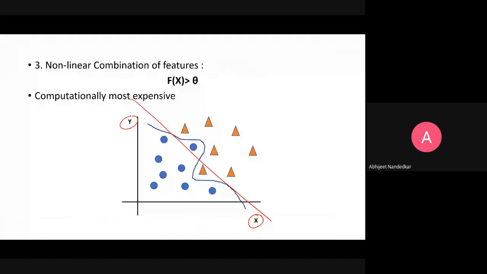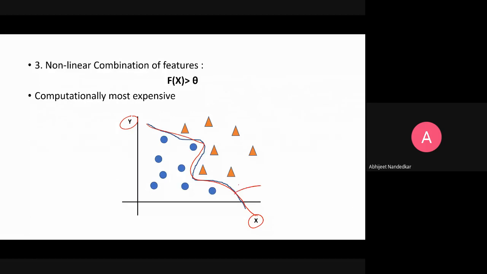Suppose I even put this tilted line as per the previous discussion, these two samples are going to be misclassified. So to properly classify, I need this kind of curve. This is a non-linear curve so that the results are perfect.